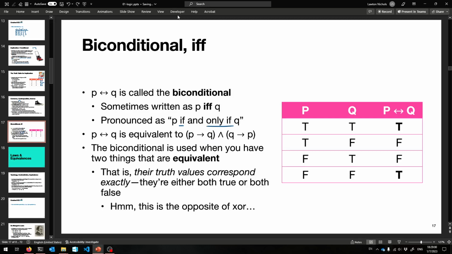Let's see here. This one's the if. The if is when you go backwards. And the only if part is when you go forward. So technically implication could also be said P only if Q. It's really weird, but that's how it works. This is the if, and this is the only if part of P if and only if Q. If you needed to break it down, that's how you do it. I will never test you on that, though. It's a little weird.